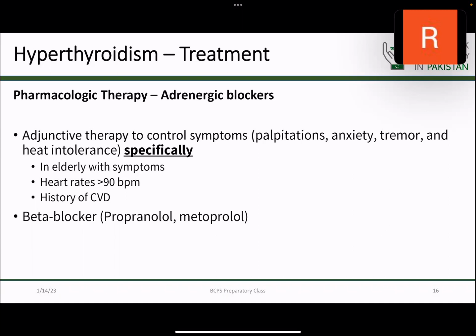In elderly patients with symptoms, heart rate more than 90 beats per minute, or a history of cardiovascular disease, these adrenergic blockers, specifically beta blockers, propranolol and metoprolol, are used as an adjunctive therapy to control the symptoms.